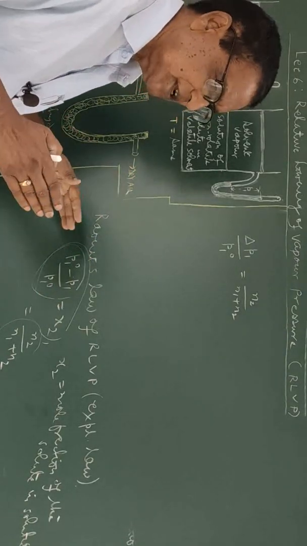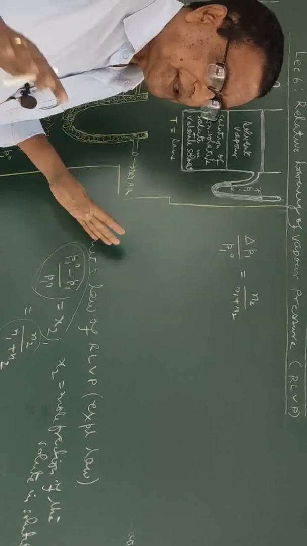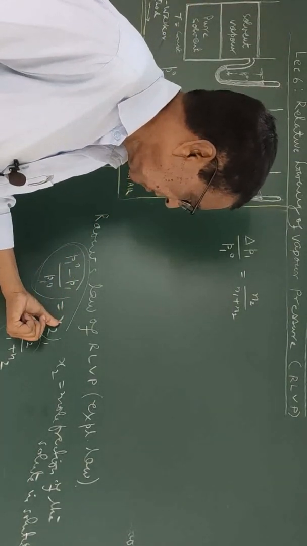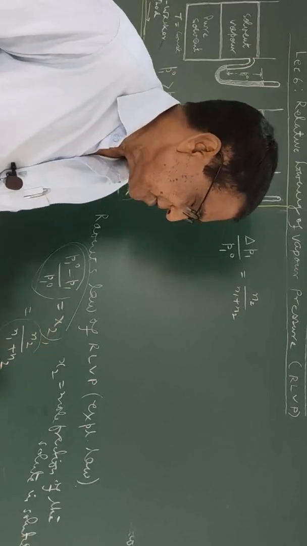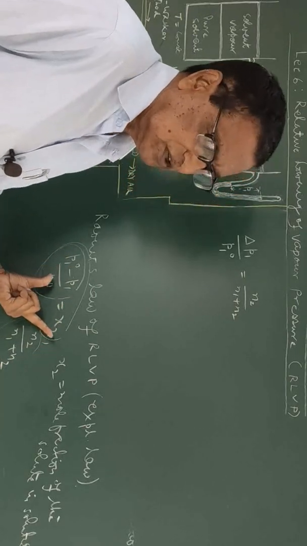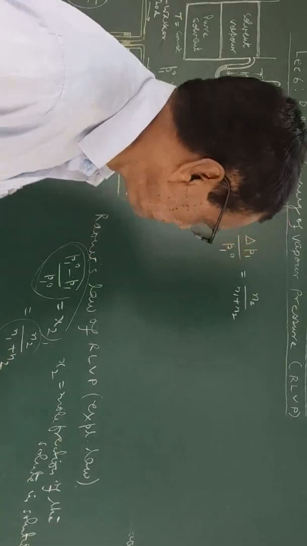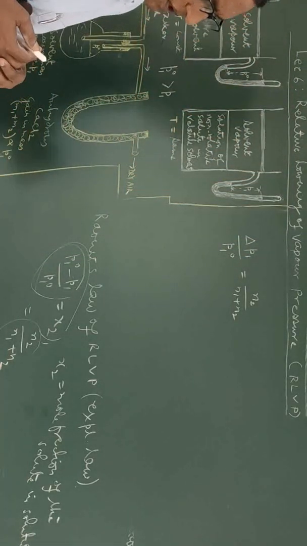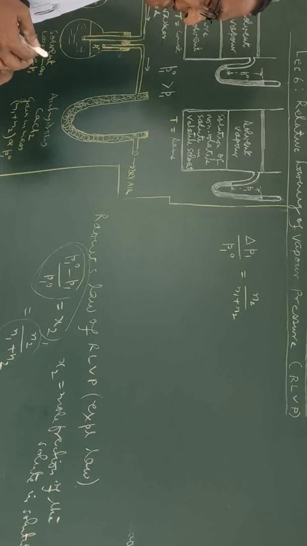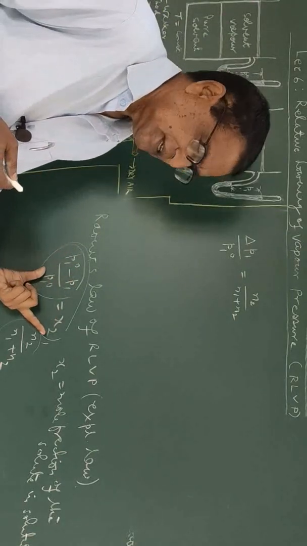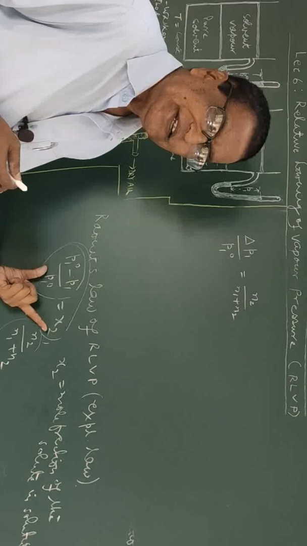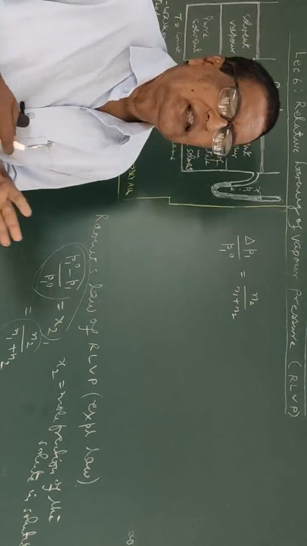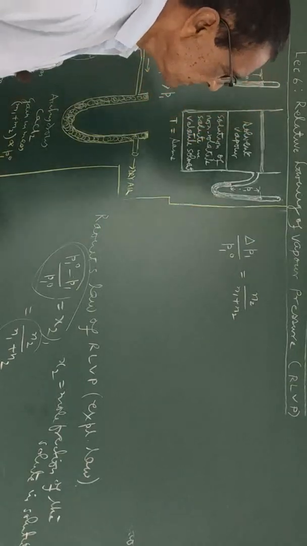Whenever the solution is not ideal, this property will depend on the temperature, and this relation will also not be applicable. So it is to be kept in mind always that this relation is valid for ideally dilute solutions, and the solute is non-volatile and non-electrolyte.